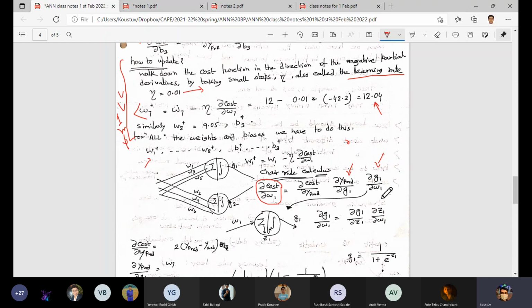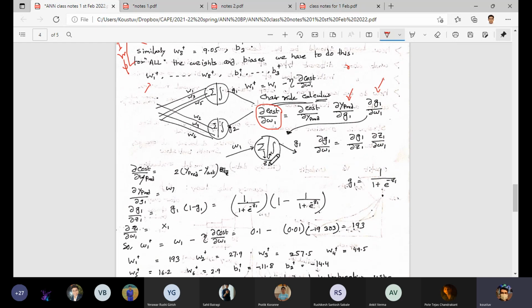Now again, G1 and W1 are not directly related. Why? Because there are also two operations in hand. Basically W1 is related to Z1, and Z1 is also fed as input to this nonlinear part where G1 is the output. So del G1 del Z1 was related.